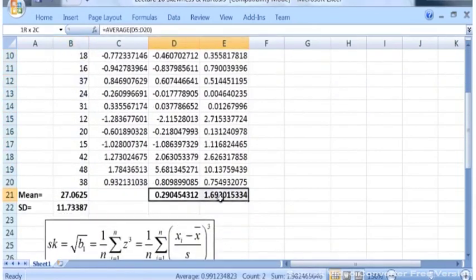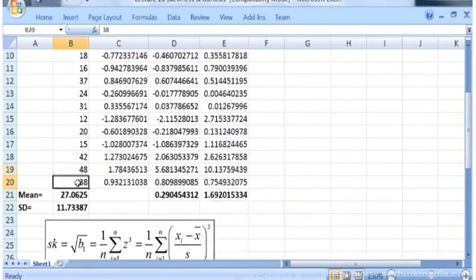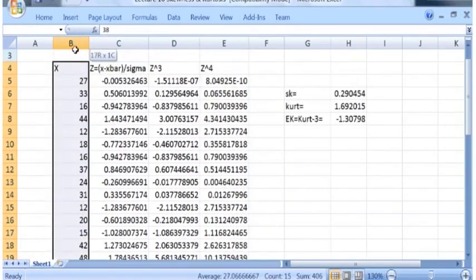The mean is different from 0, skewness is different from 0, and kurtosis is different from 3. So we can say that these 16 data points are not normally distributed, and their shape will not be like the normal curve.